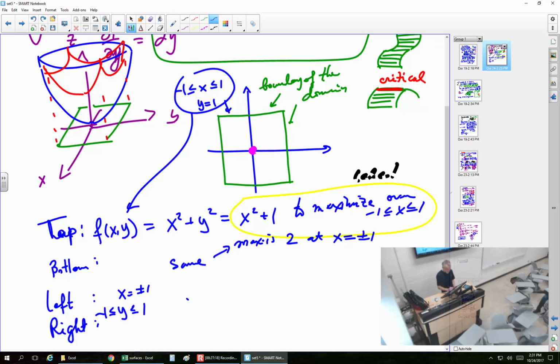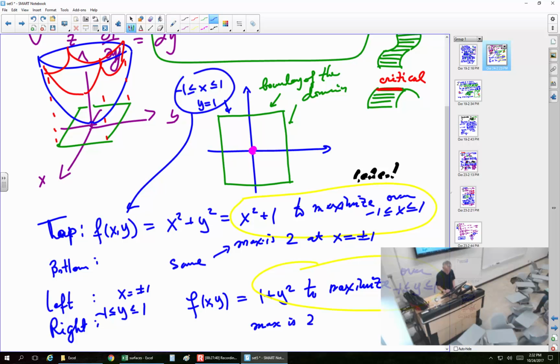So then my function becomes 1 plus y squared, once again to maximize over the interval y between negative 1 and 1. That's pretty much the same problem and has the same answer. The maximum is 2 at y equal plus or minus 1.